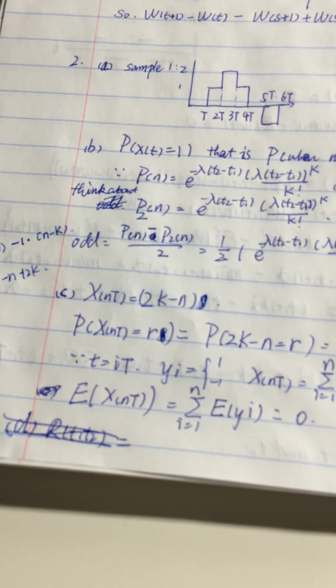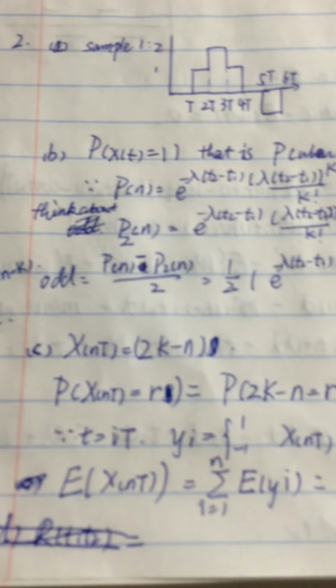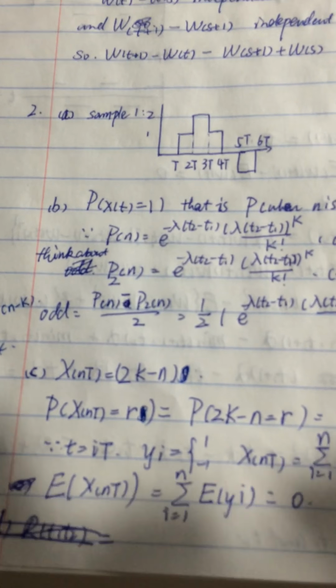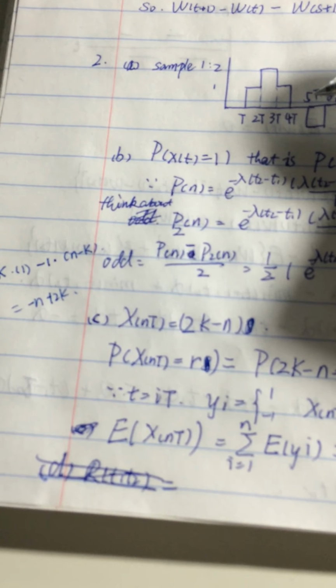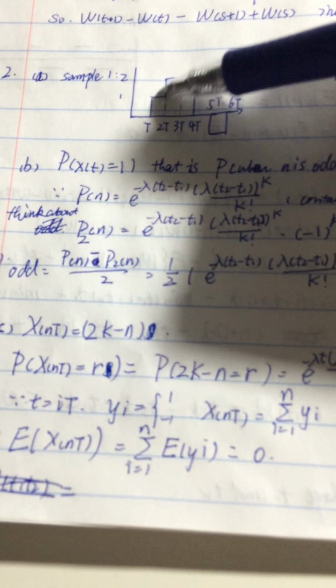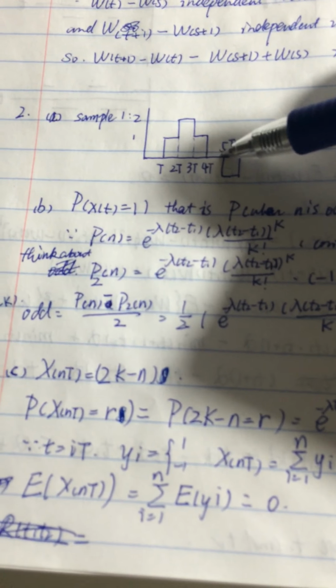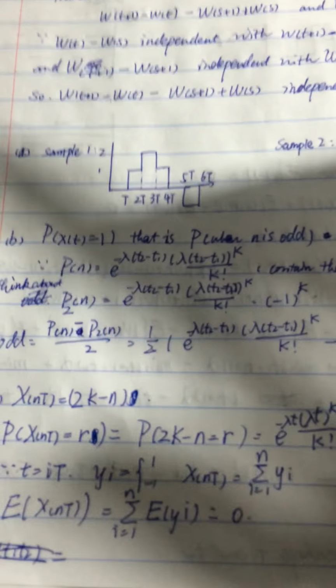And here we use another expression to show Xt. Xt actually means all the guys are added up.